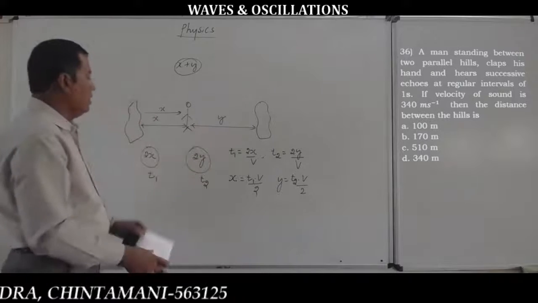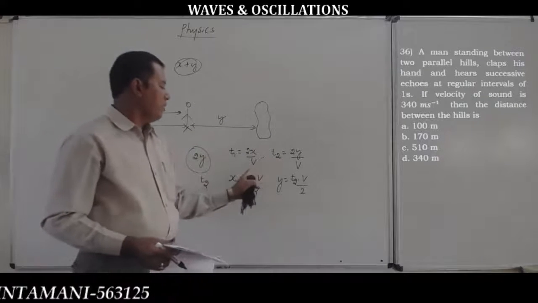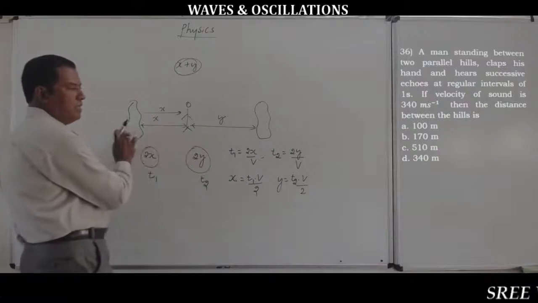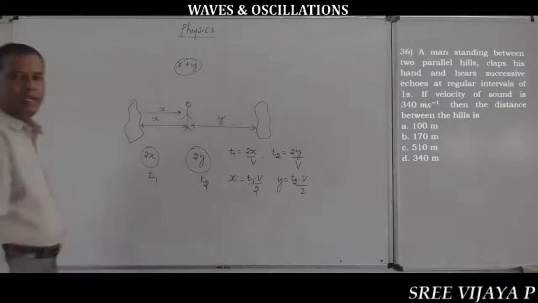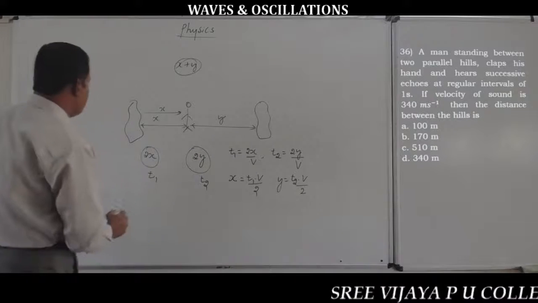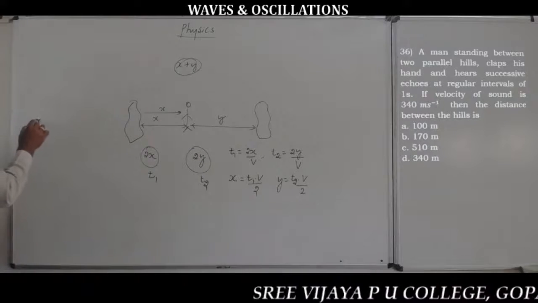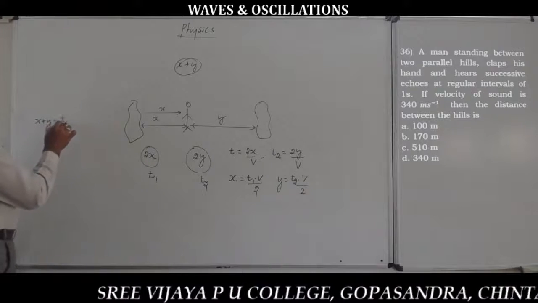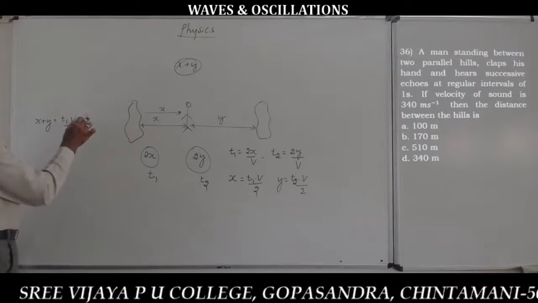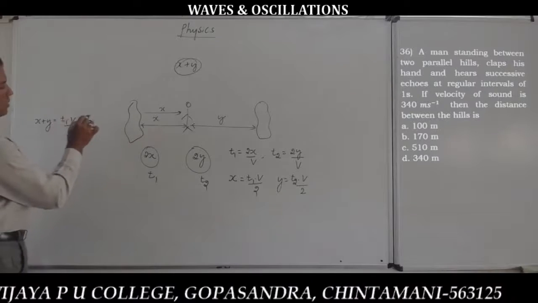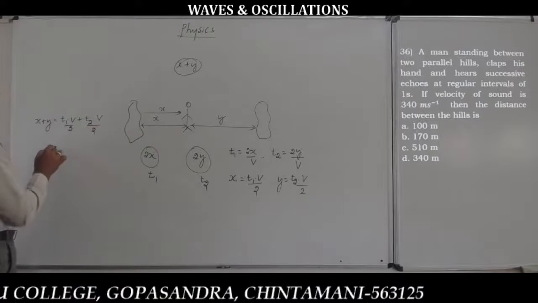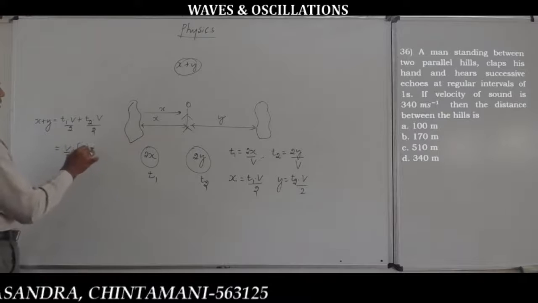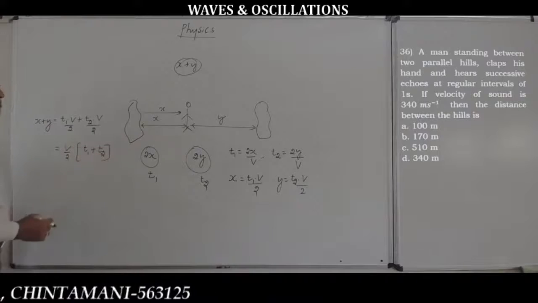V is the speed of the sound here, and t1 for perceiving the echo from the first hill, and t2 for perceiving the echo from the second hill. Now the total distance between the two hills, that is x plus y, is equal to t1 into v by 2 plus t2 into v by 2. This is equal to v by 2 is common, t1 plus t2.